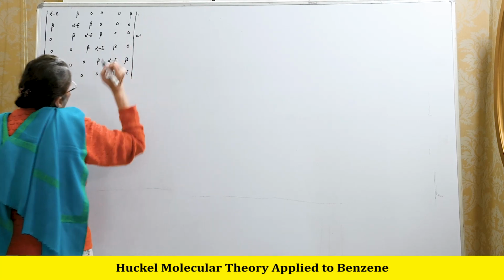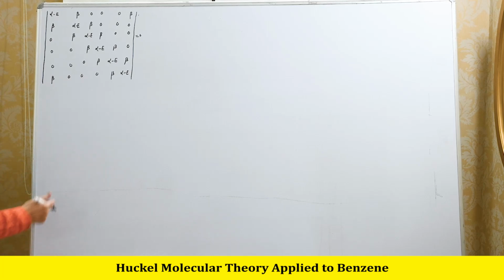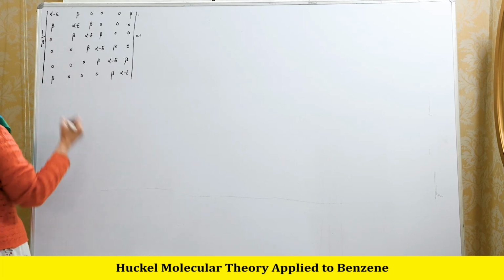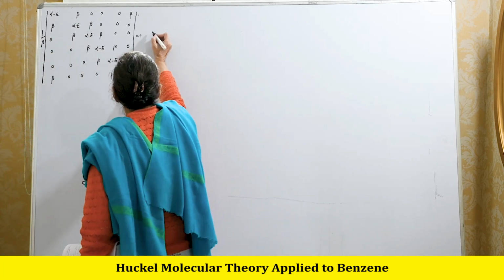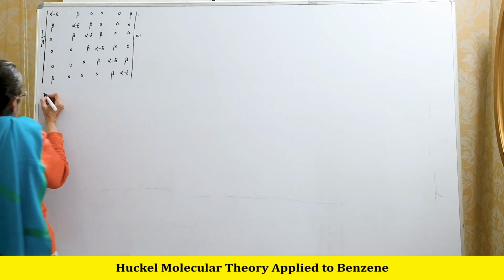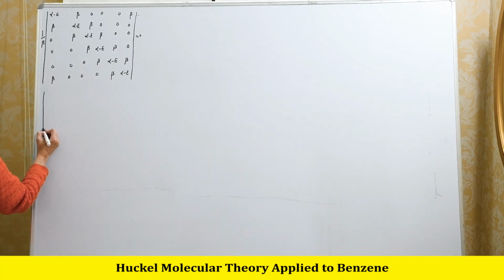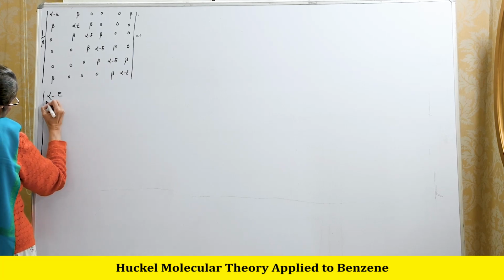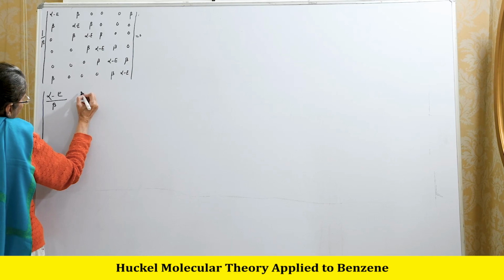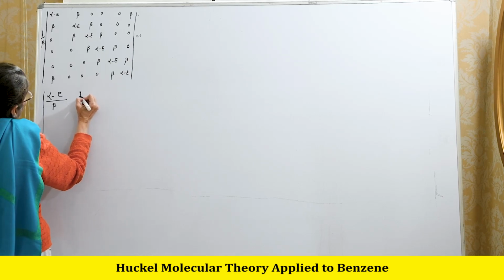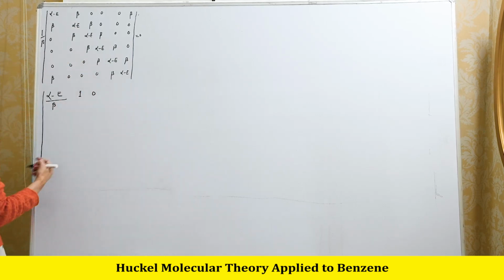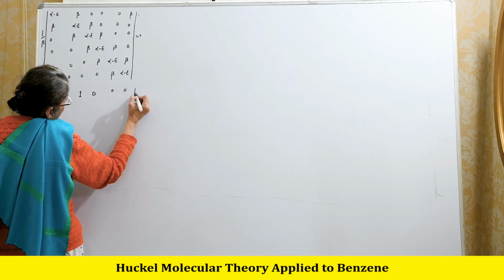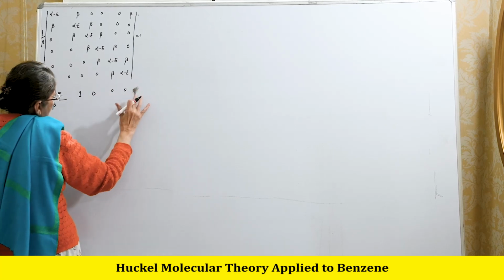This determinant we will solve. Now if we divide this determinant by beta, what do we get? We get alpha minus E upon beta, then beta by beta is 1, 0, 0, 0, and beta by beta is again 1.